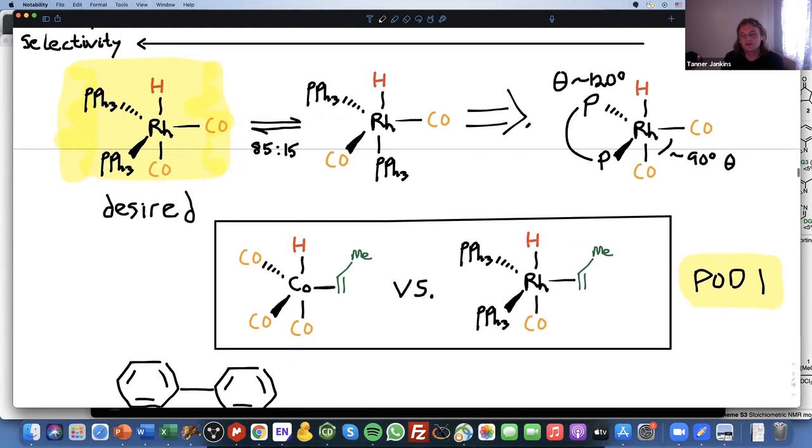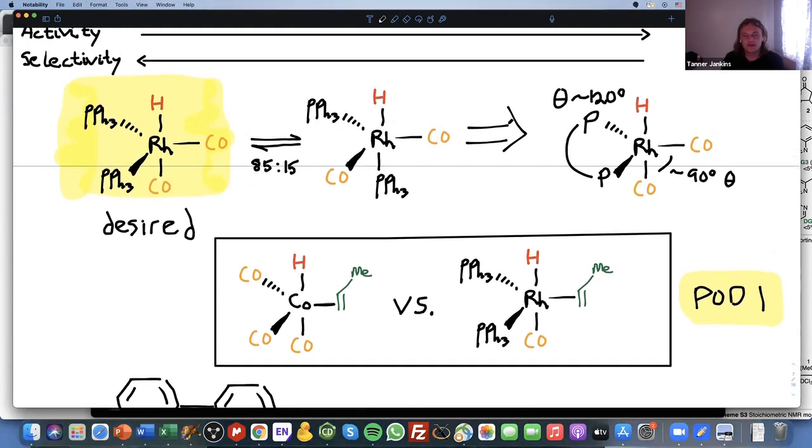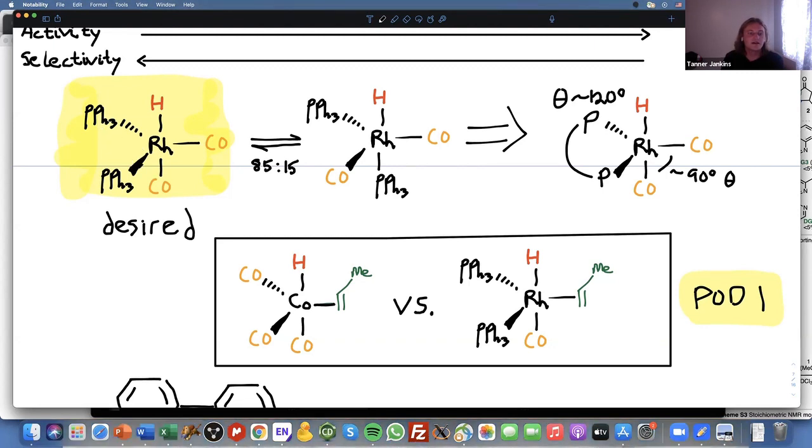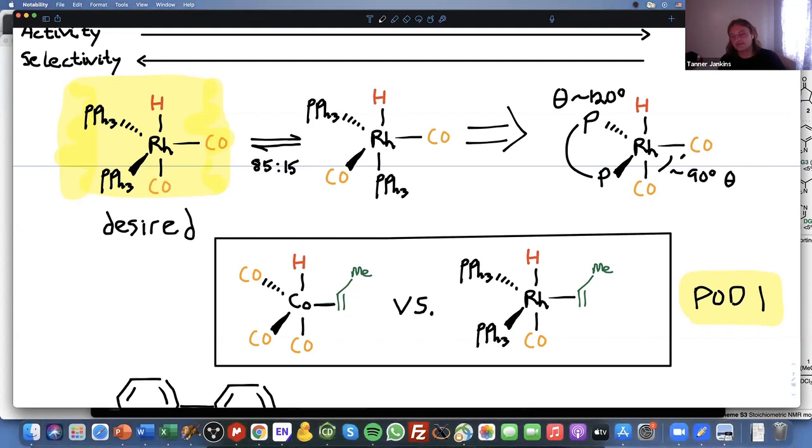And so this has spurred a huge interest in developing a bisphosphine ligand that would not only prefer being coordinated as a bisphosphine and not promote coordination of higher numbers of phosphines or complete dissociation, but also one that could be locked into this equatorial fashion, which is the species that was determined to give the high selectivity.